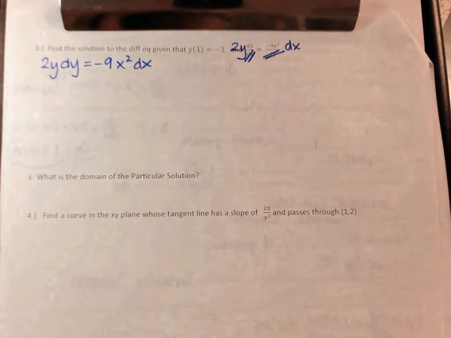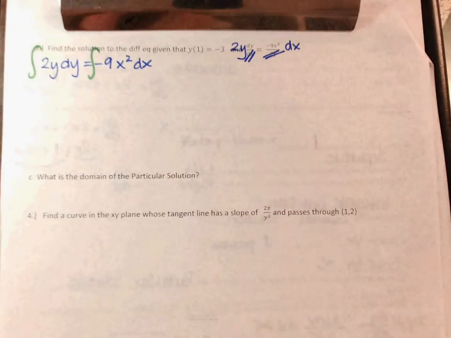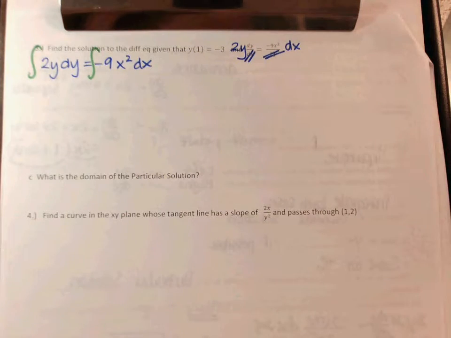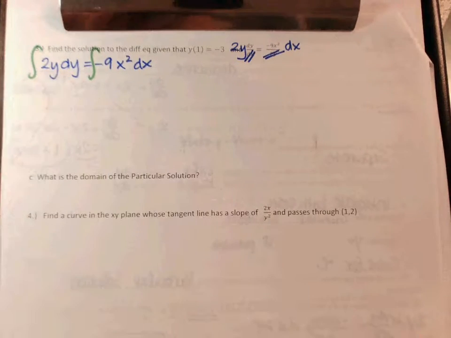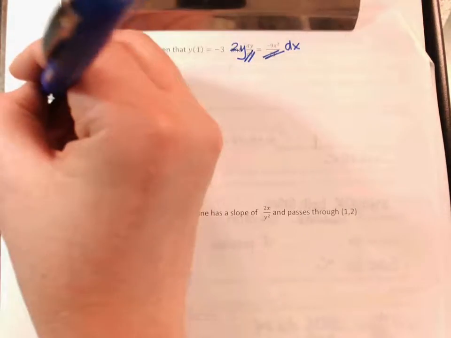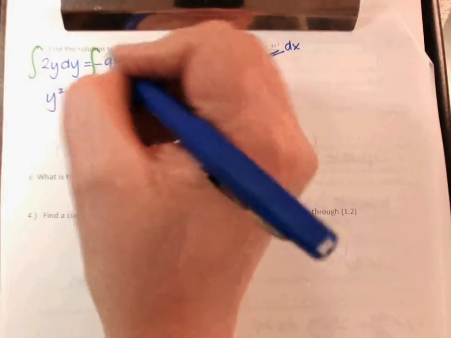From here, we're going to integrate on both sides. Integral, integral. And remember that your integral has to have a dy or a dx with it to tell you what the letter is supposed to be on that side. So the integral of 2y dy is what? Y squared. The integral on the other side is what?